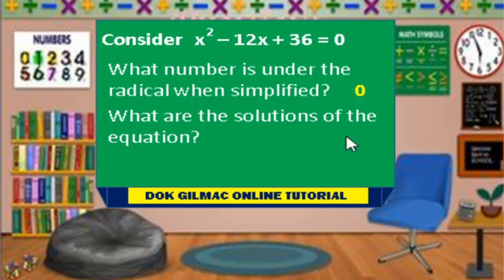What are the solutions of the equation? We have positive 6. It is simply a double root. So take note of that. x minus 6 times x minus 6 is equal to 0, where x is equal to 6, or it is simply a double root.